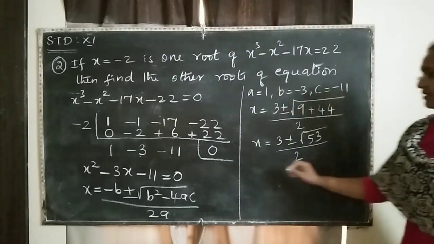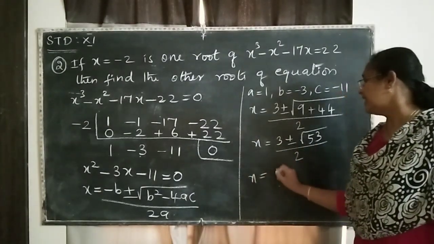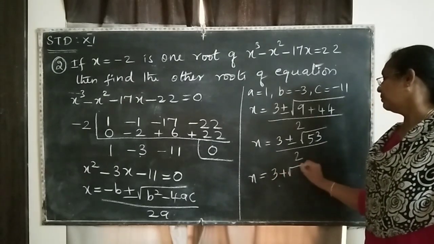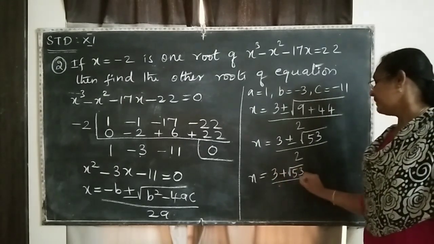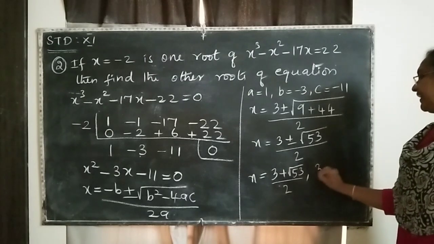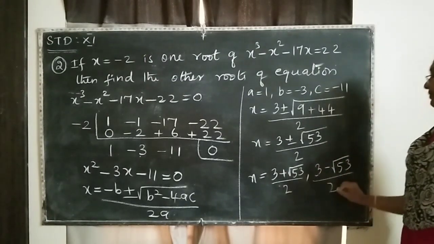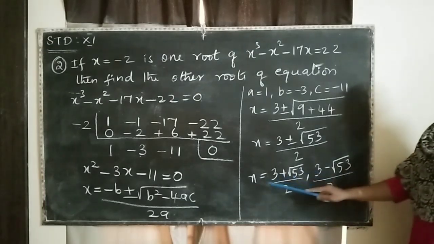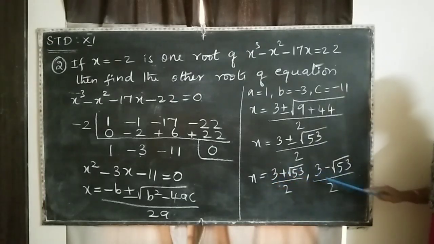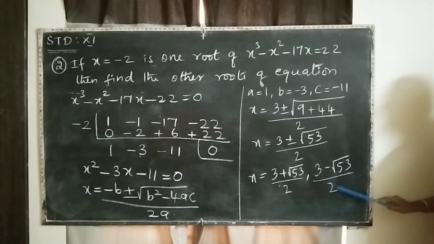Now look into the zeros. x equals (3 plus root 53) divided by 2, comma, (3 minus root 53) divided by 2. So now look into this. Here we got two zeros or two roots of the cubic polynomial function.